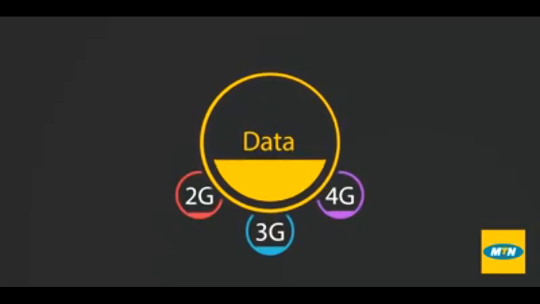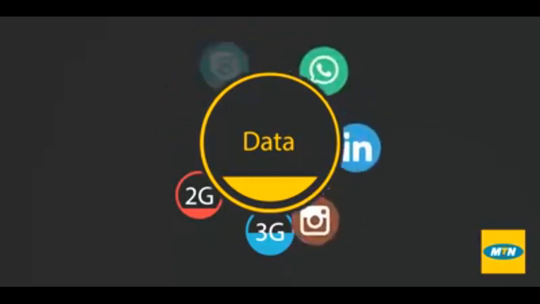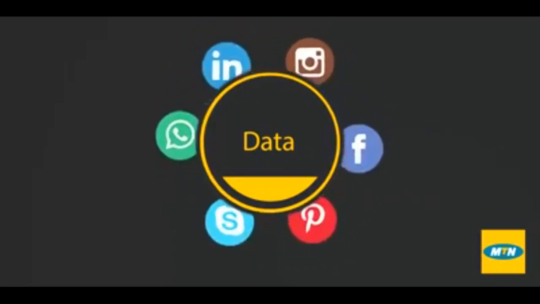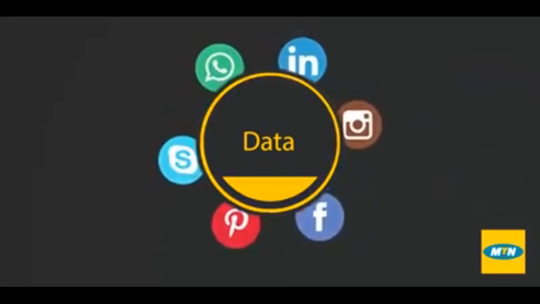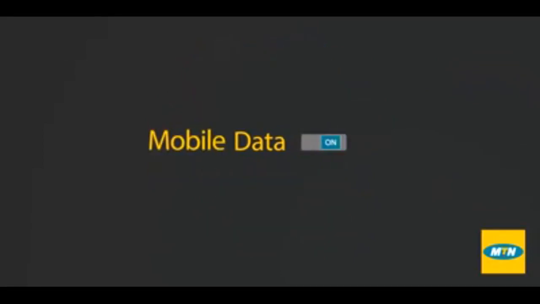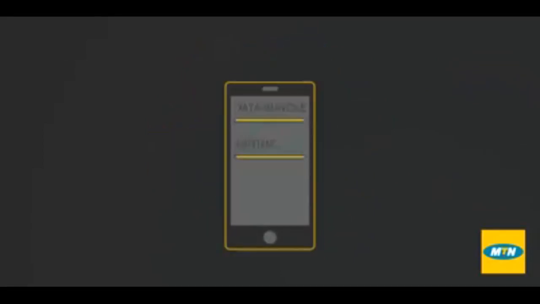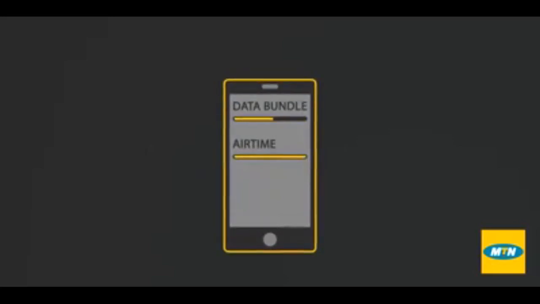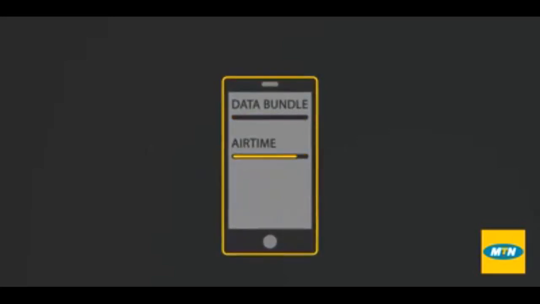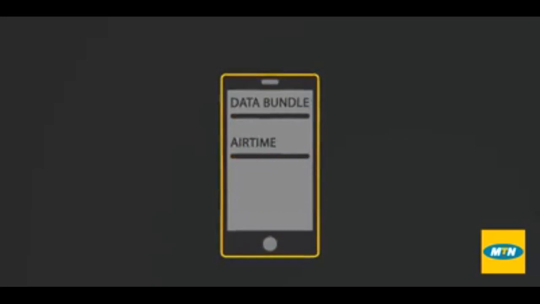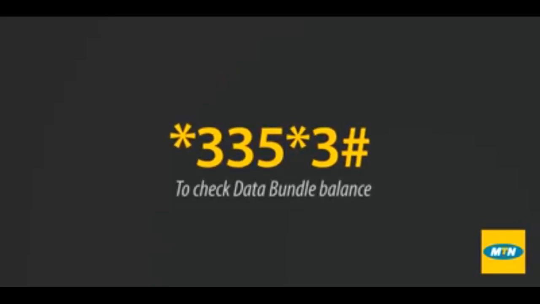That's because today's modern technology and higher definition content require and use up a lot more data. No need to worry. Data can be managed to work for you by minimizing the number of apps that automatically update themselves and turning off your data when not in use. Make sure you use data bundles to browse the internet. When your bundle is depleted, you will be billed from your airtime. Perform regular data balance inquiries by dialing *335*3#.